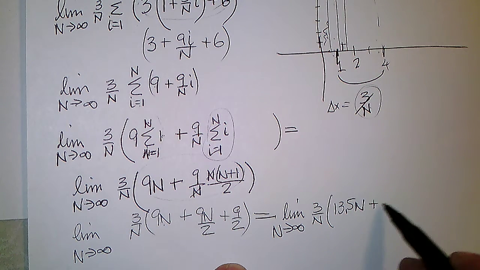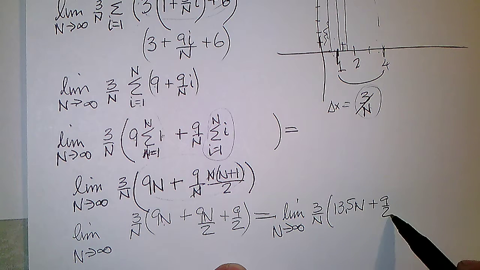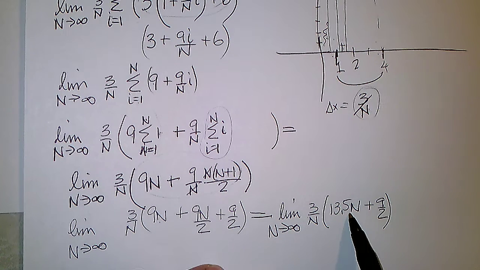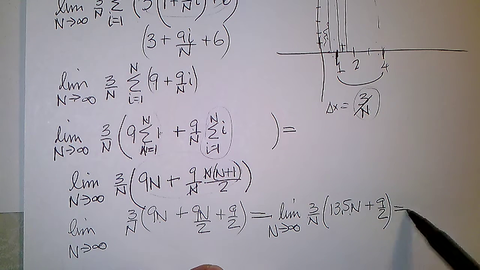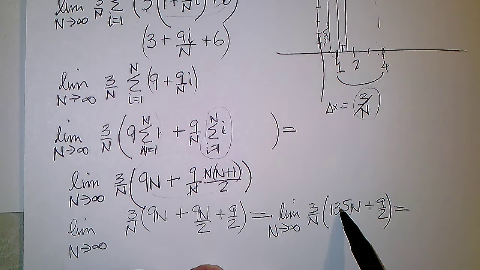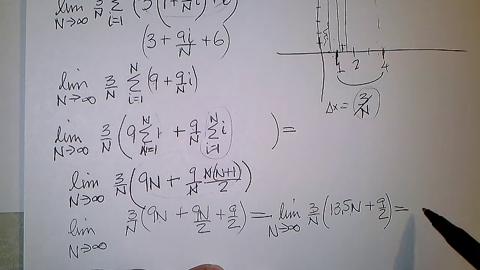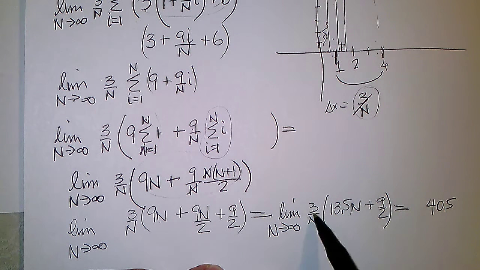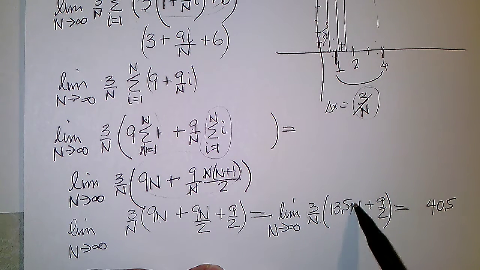plus 9 halves, or 4.5. Now if I distribute this in, I'm going to get 13.5 times 3, that's 40.5. When I take this times this, the n's would cancel.